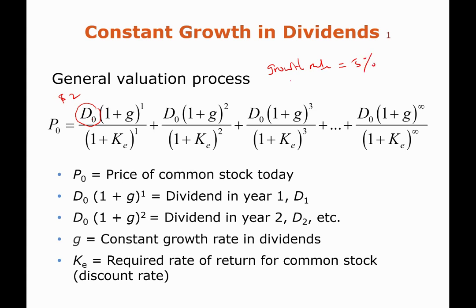So in this case, you're going to take the $2 times the growth factor, which is 1 plus 5%, that is 1.05, and that represents the 5%.